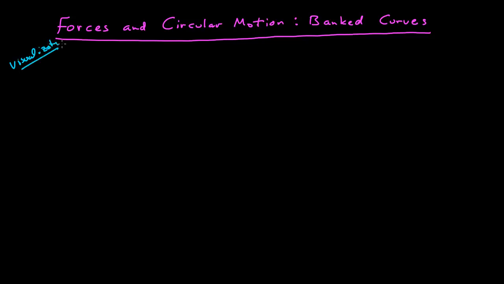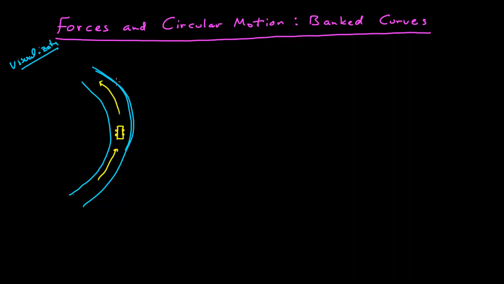What does this mean? So I've got some road, some curved road. I'm going to draw that road here. Not a very good road, but some car then is on this road moving in this circle. Well, it doesn't necessarily have to be a circle.